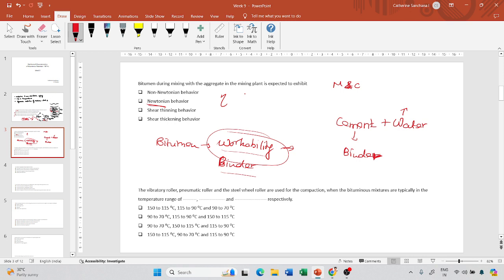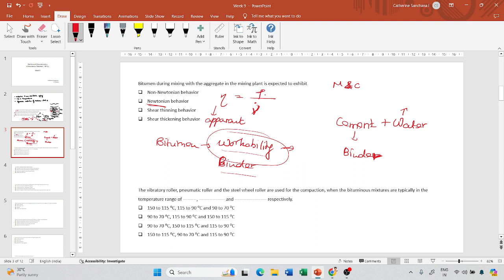Now how will you measure viscosity in the laboratory? If you see, the equation of viscosity is shear stress by shear rate. This is called apparent viscosity. Why do I call it apparent viscosity? Let us see why. So you should understand the equation of viscosity first.